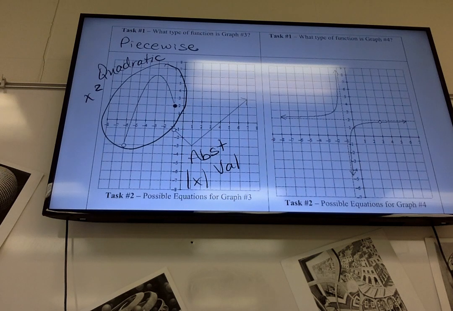What starts with R? Rational. It's a rational function, which is like 1 over x or x squared. Remember, you set the bottom equal to 0 to get the vertical asymptote. It's okay if you don't remember. This is just for fun. Let's try to match stuff and see what works.